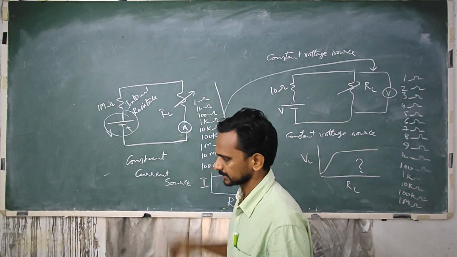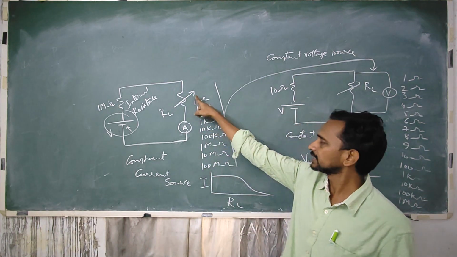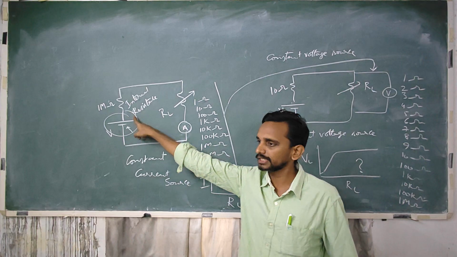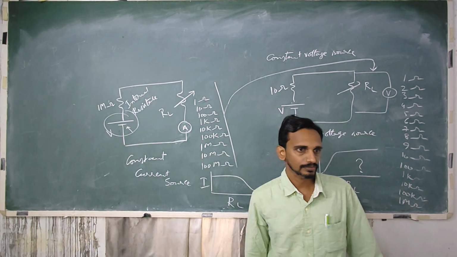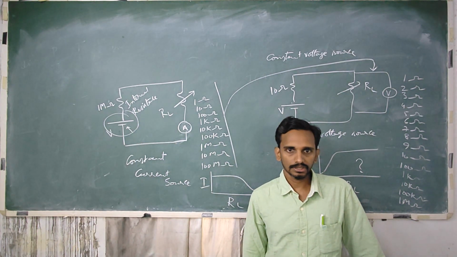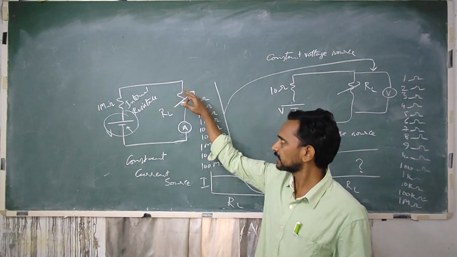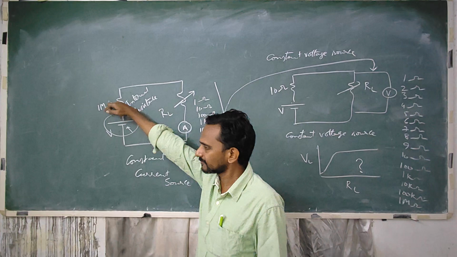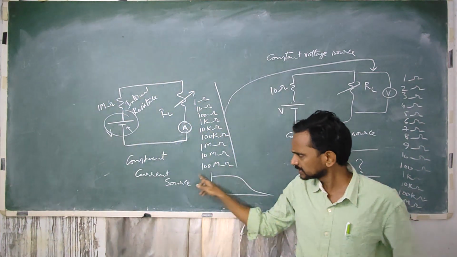And then this load resistance, and we will see for what values of load resistance this current remains constant. Okay, that is the aim. So for lower values of resistances it is okay, but when resistance value approaches the value of internal resistance, this current reduces.